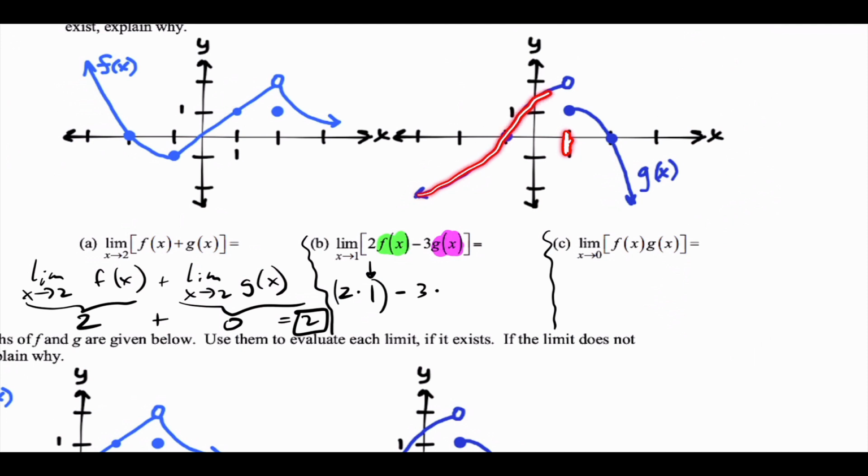This guy is approaching positive 2, this guy is approaching positive 1. They don't meet at 1. If they don't meet, the limit does not exist. The limit as x approaches 1 for g of x does not exist. Can't multiply by a number that doesn't exist, so we can't do that problem.